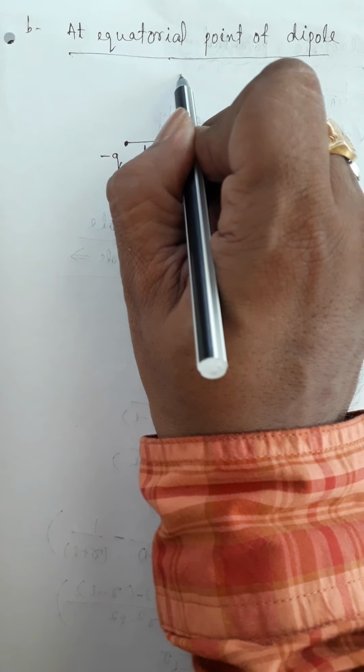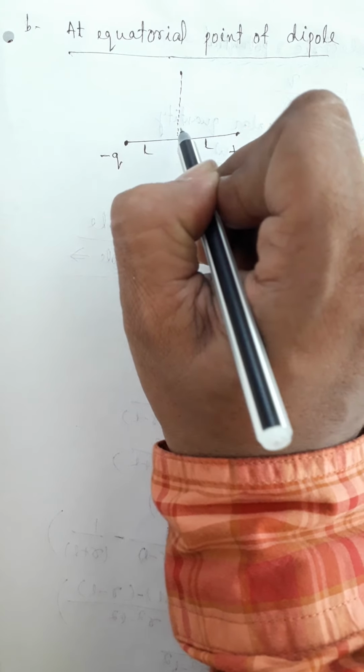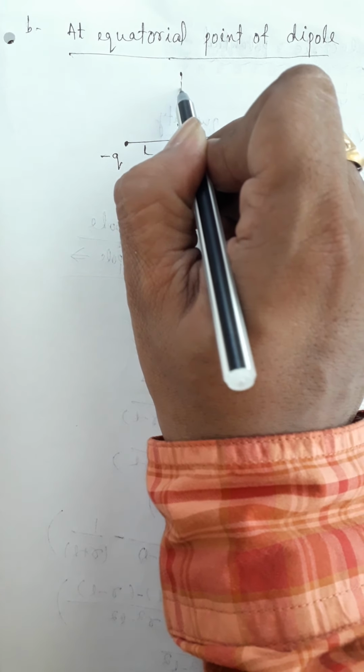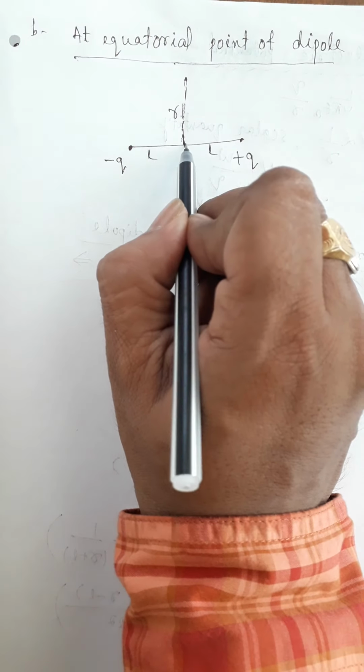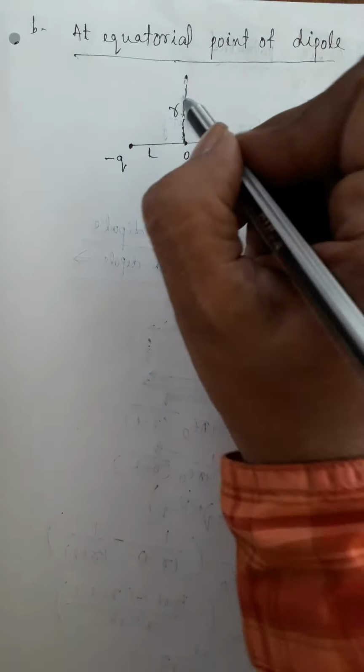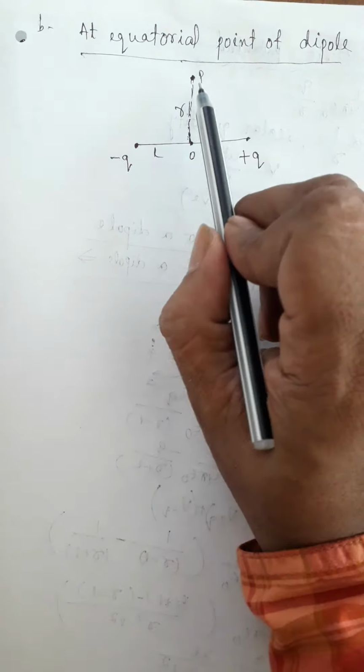Let's take a point P here, an observation point on the perpendicular bisector of the dipole at a distance r from its center. Now we have to calculate electric potential at this point P.